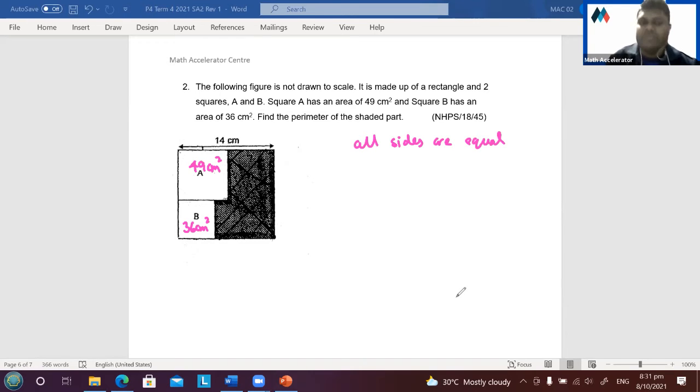Okay. Now, can you type in the chat? What is the formula for area of a square? How about the rest? What's the formula for area of a square?